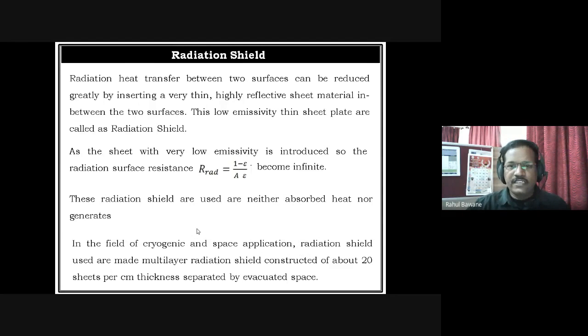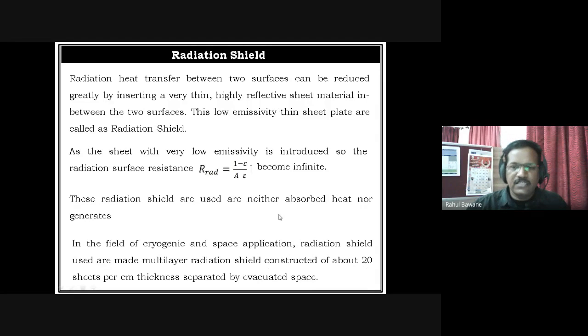Now where is it used? In the field of cryogenics, and also in space applications, a radiation shield is used, and in cryogenic and space applications we require maximum resistance. So in that case, whatever radiation shield is constructed has about 20 sheets in a 1 centimeter thickness.